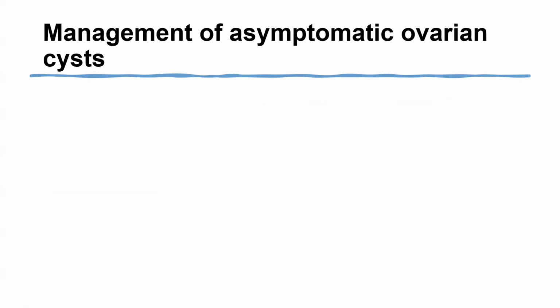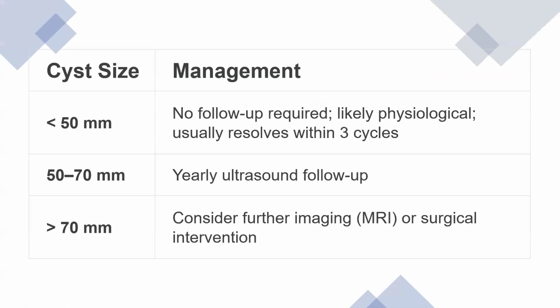So how will we manage asymptomatic ovarian cysts? If the cyst is less than 50 mm or 5 centimeters, no follow-up is required. It's likely physiological, usually resolving within 3 cycles. Remember, we are talking about premenopausal cysts. If the patient is postmenopausal, the management differs entirely.